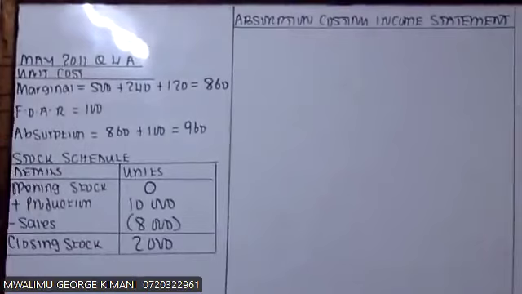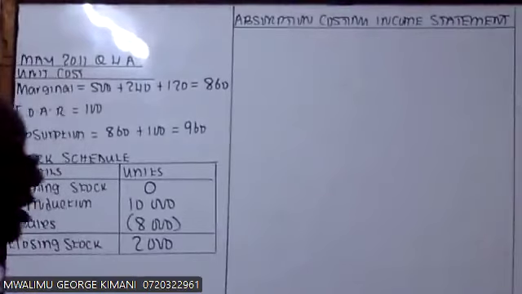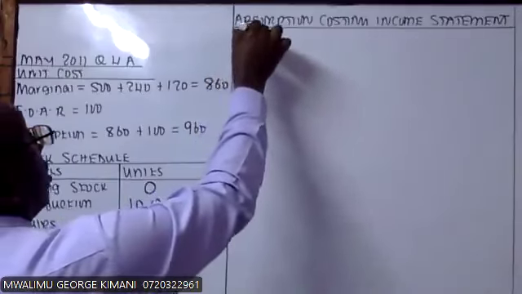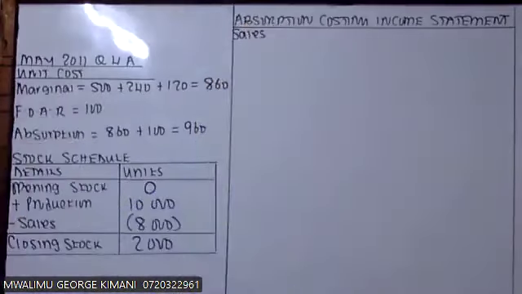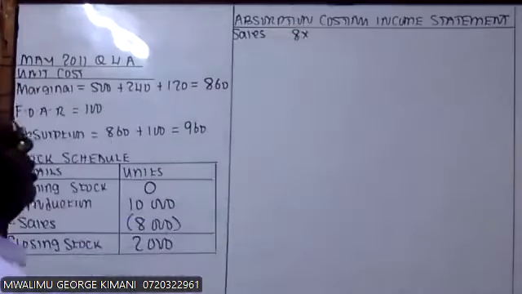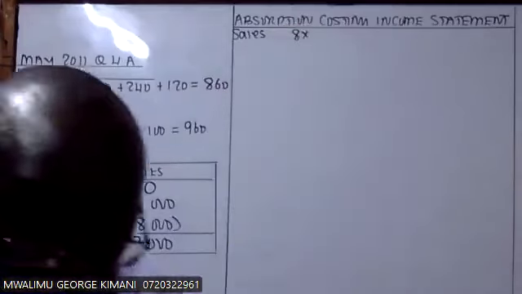We begin with sales. The sales are these 8,000. We can have our figures in thousands, so it is 8 times the selling price.